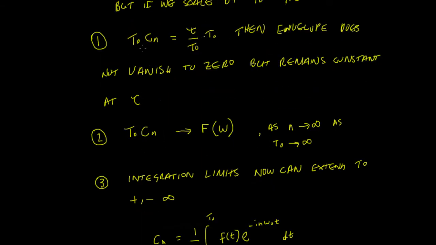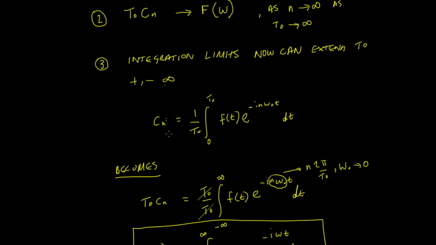We're going to multiply with this value T0, and we're going to let T0 tend to infinity. Originally the equation was written in this form here, which is the complex version of the Fourier series, and in fact the complex version of the dot product.